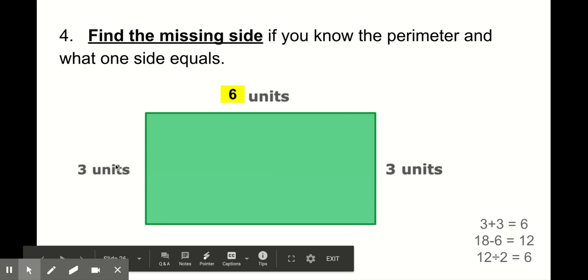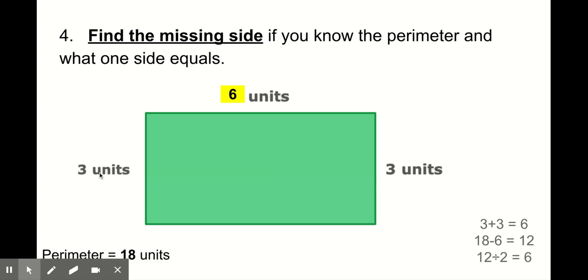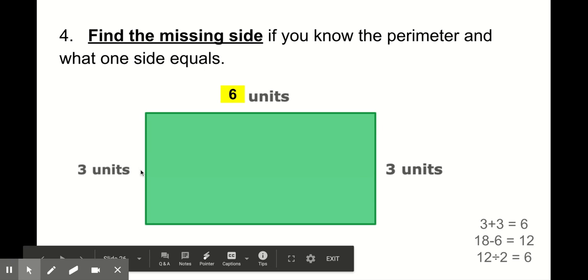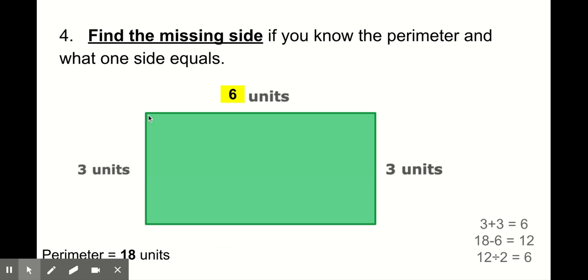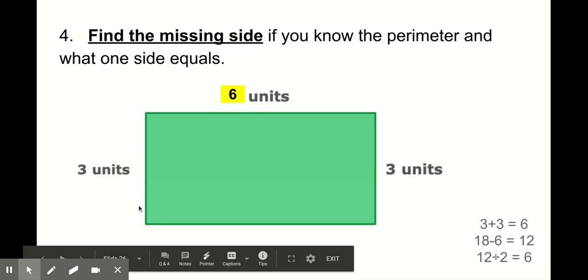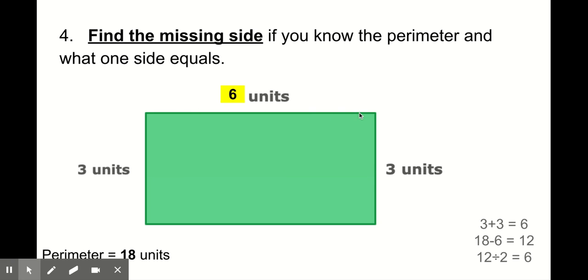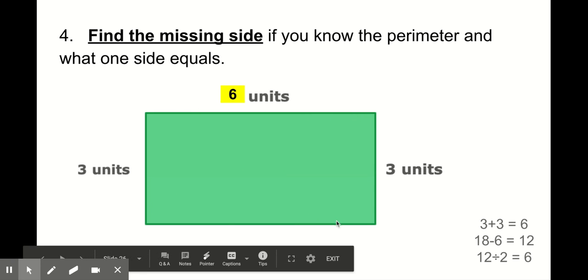Across from 3 units is another 3 units. I know that 3 plus 3 is equal to 6. So right here, towards my total 18 unit perimeter, I have 6 units. I can take 6 units away from 18 to find out how many units are left between the last 2 sides.